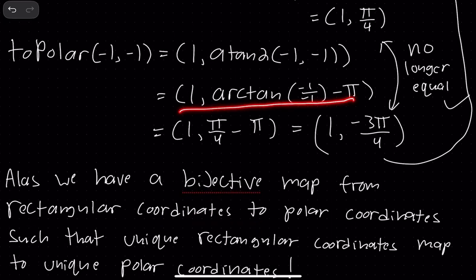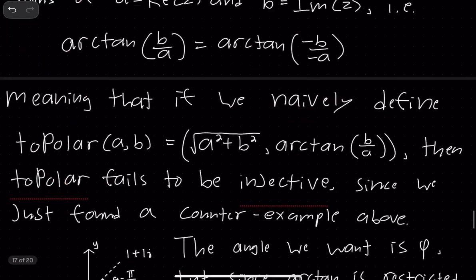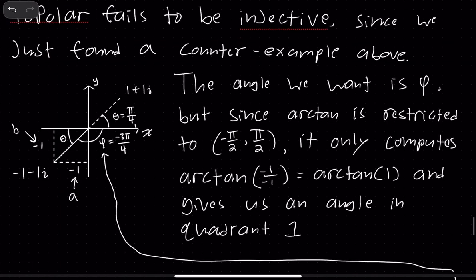Classic arctangent and subtract pi. So the classic arctangent, pi over 4, we subtract pi, that gives us -3 pi over 4. And that is exactly what we're looking for here. That's exactly what this phi was. And so, hooray, it works.